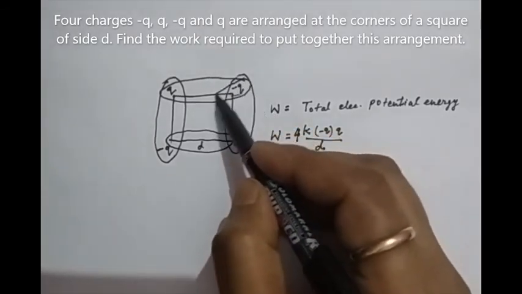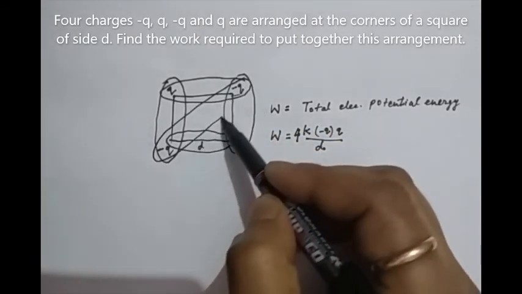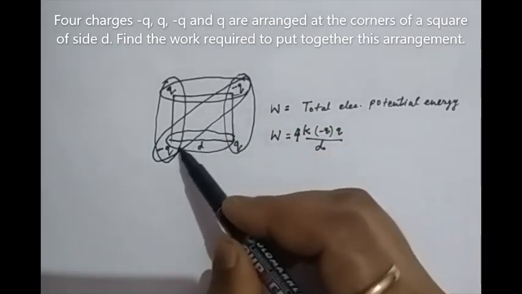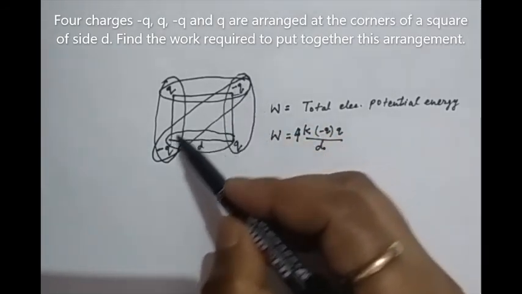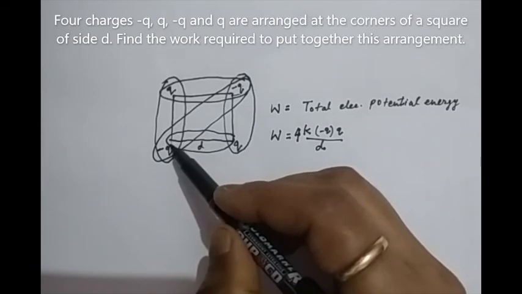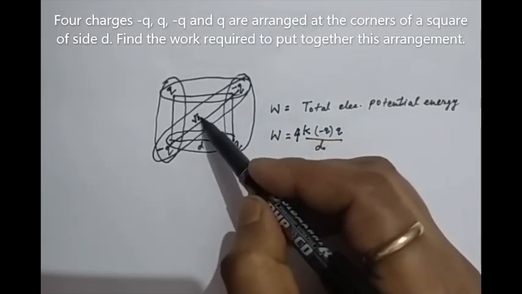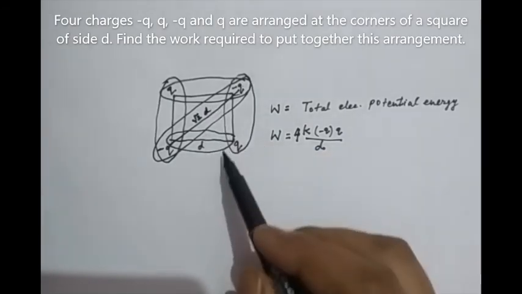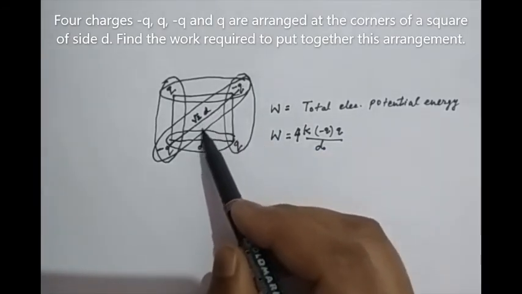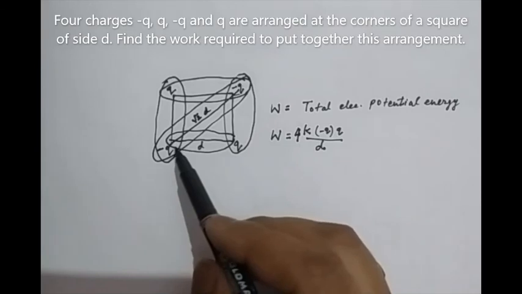For this pair of charges, the distance between the 2 point charges is equal to root 2 d. We can find its value by using Pythagoras theorem.